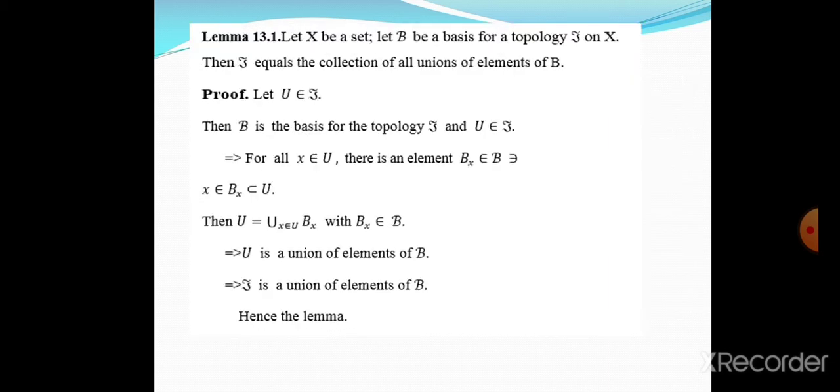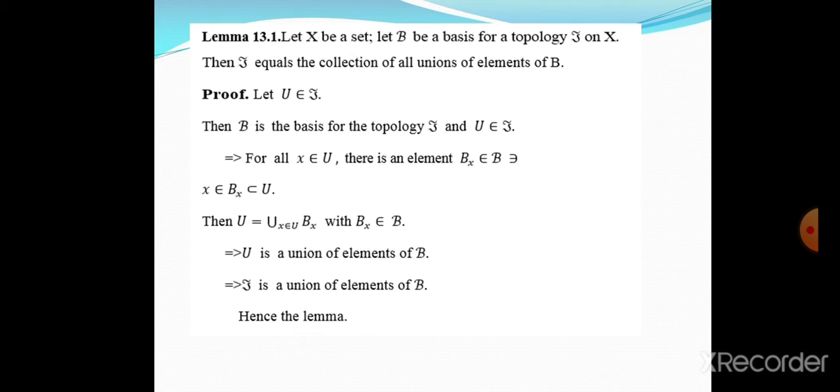Next, Lemma 13.1. The statement is: let X be a set, let script B be a basis for a topology tau on X. Then tau equals the collection of all unions of elements of B. We want to prove this.